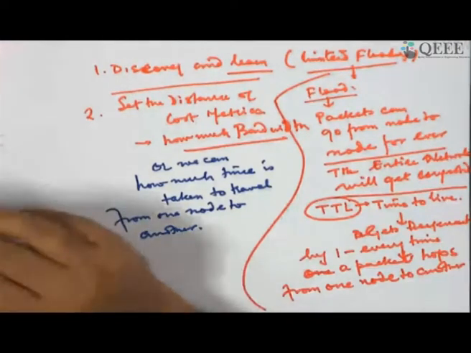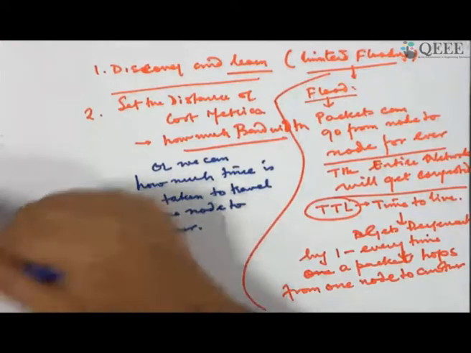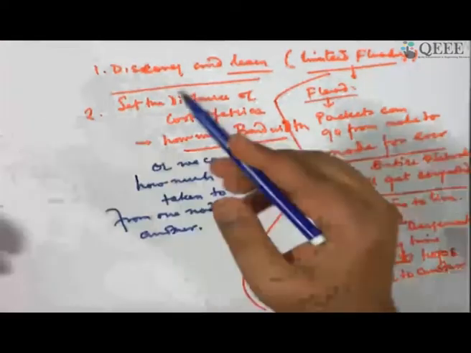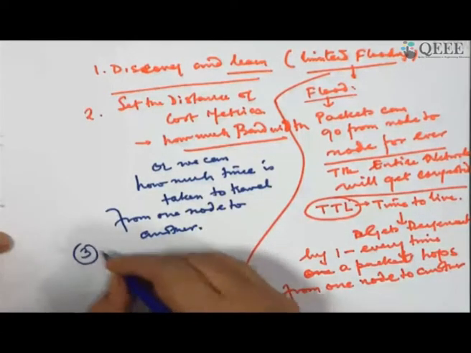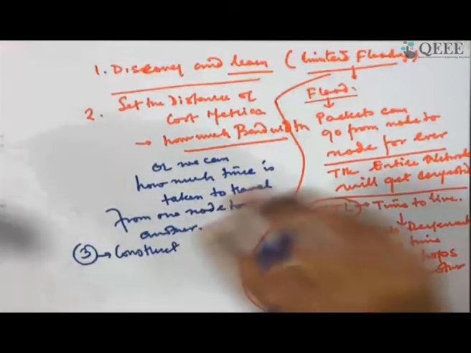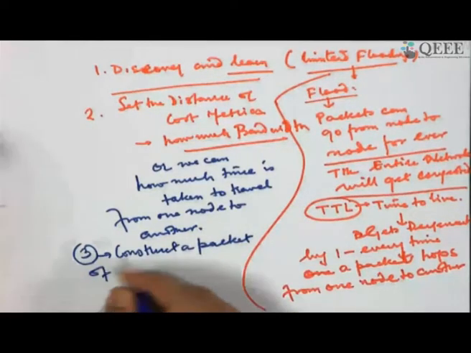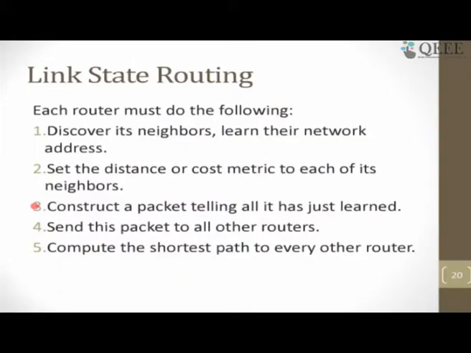Okay. Third is construct a packet telling all it has learned. So, I will come to this. Then we construct a packet of its neighborhood, and then send this packet to all other routers and compute the shortest path on every other router.